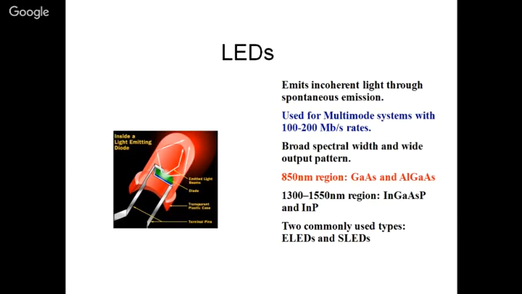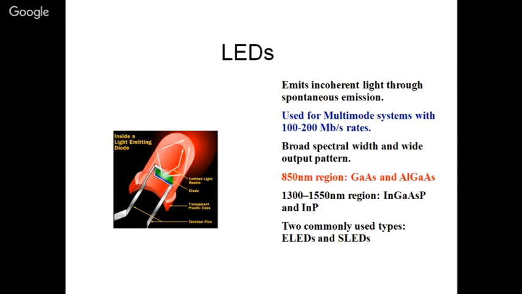The LEDs emit incoherent light through spontaneous emission. Two materials, when we have a PN junction, then when you give a forward bias to this, at the junction, because of the properties or the energy levels, which we know from the electronics of a PN junction, light is emitted at that particular junction.